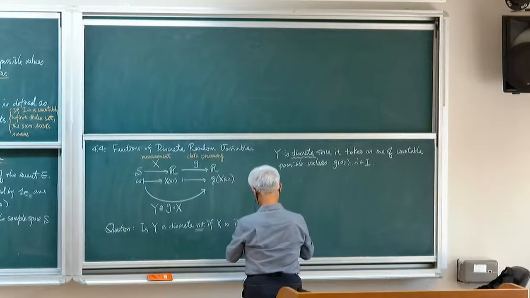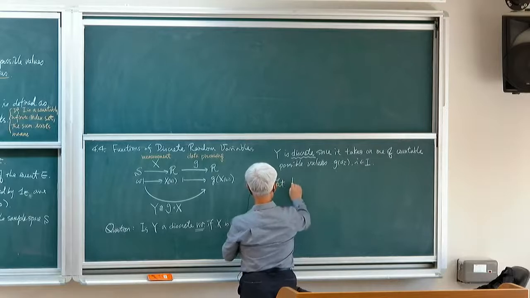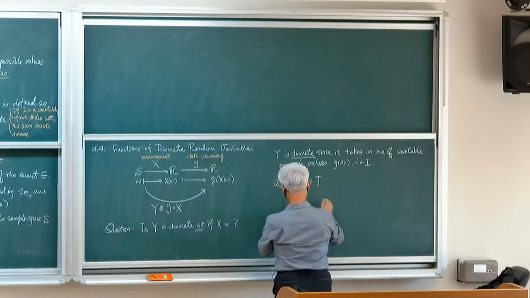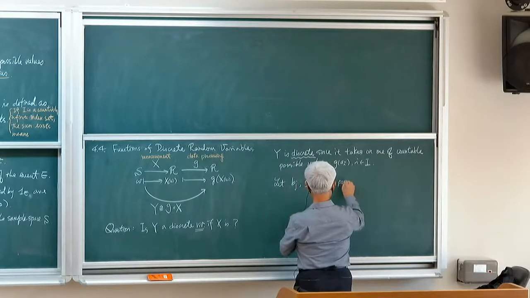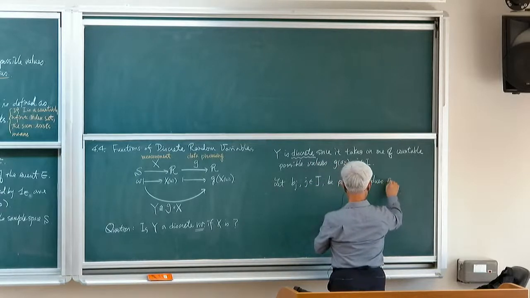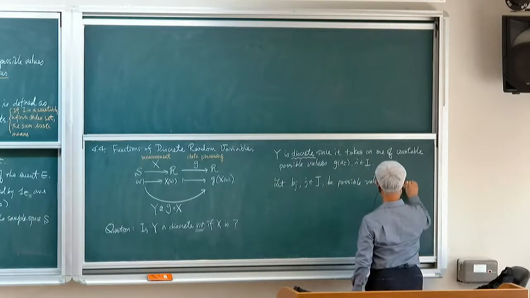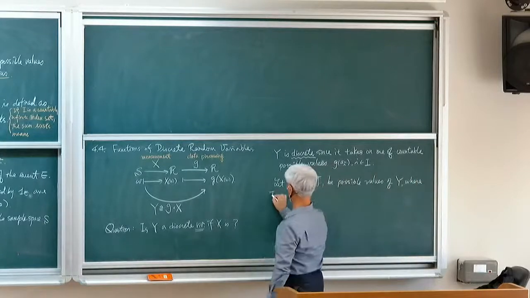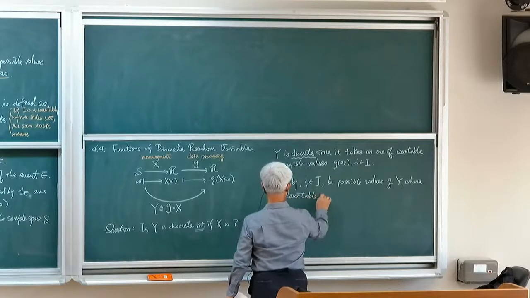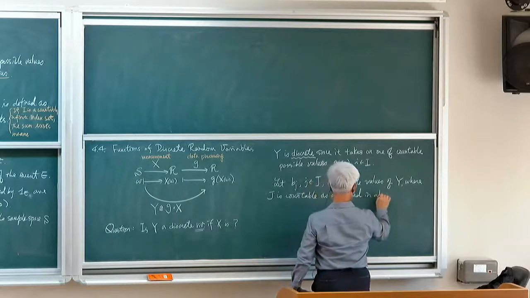So, all right, let b_j, j in J, be possible values of y, where J is countable as described above.